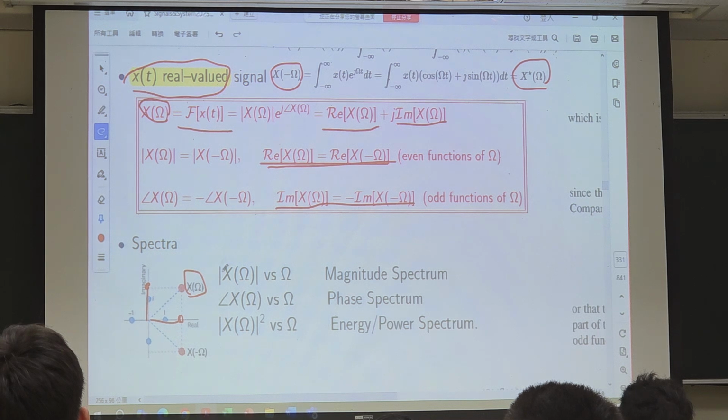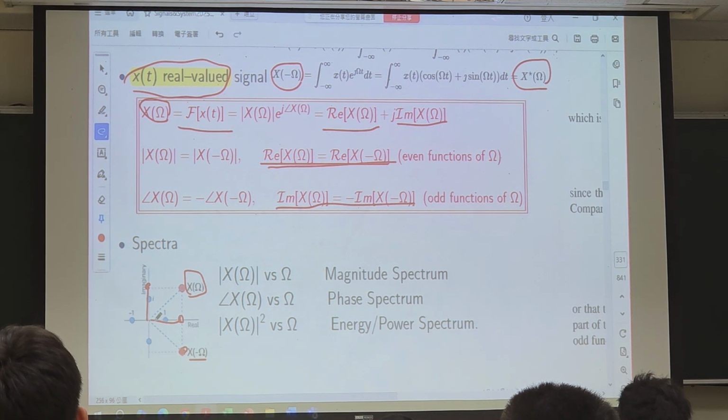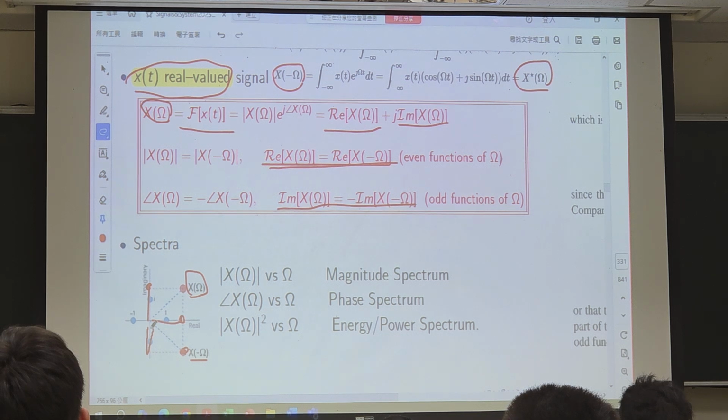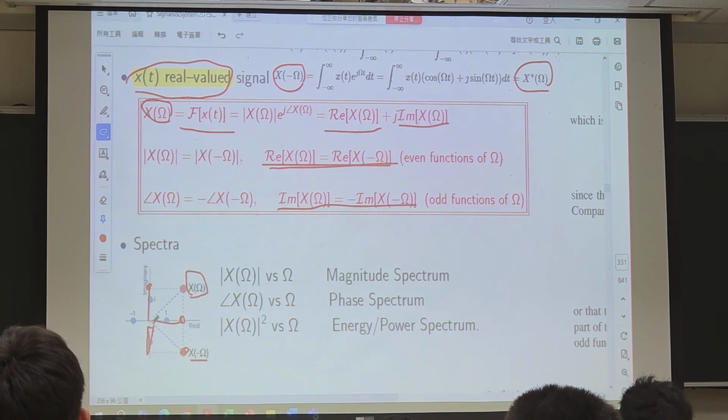So graphically it means that x of negative omega is the complex conjugate of x of omega. So they share the same real part, but the imaginary part differs by the sign. Okay? How come?